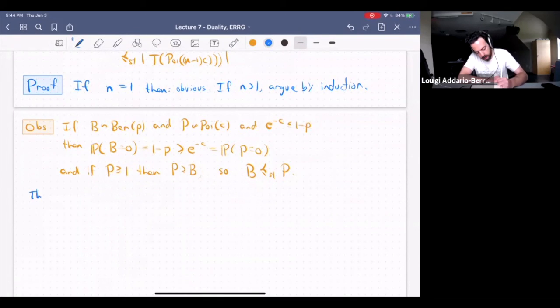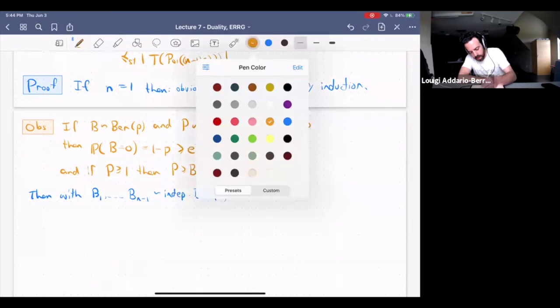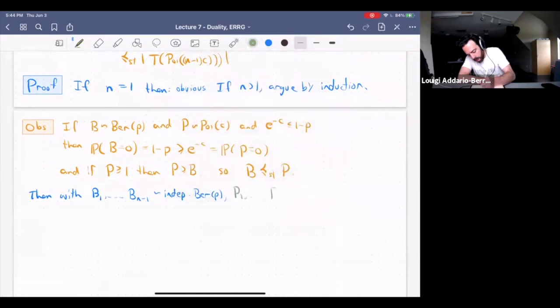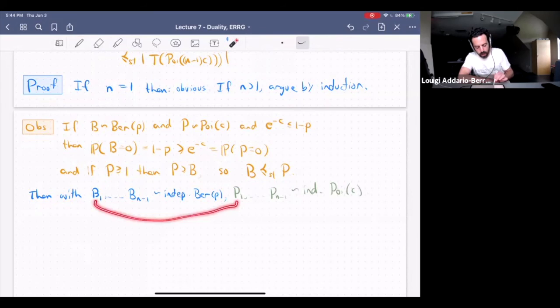Now if I take B1 up to B(n minus 1) to be independent Bernoulli p random variables, and P1 up to P(n minus 1) to be independent Poisson c random variables, then each of these is individually stochastically dominated by its counterpart on the right, and summing independent copies preserves the stochastic domination.